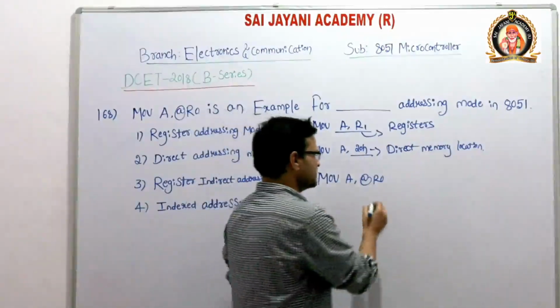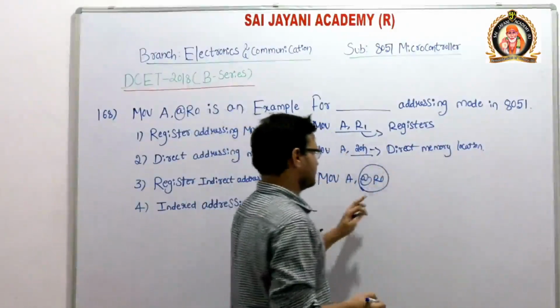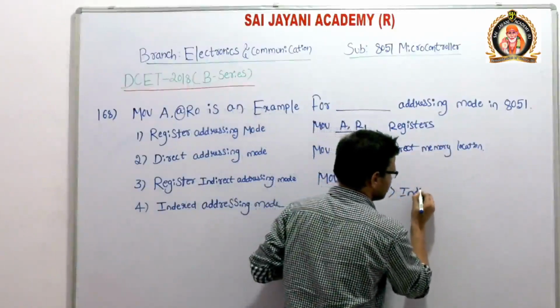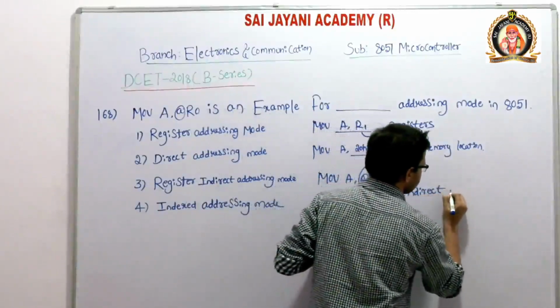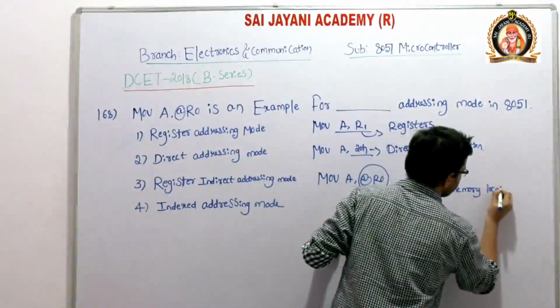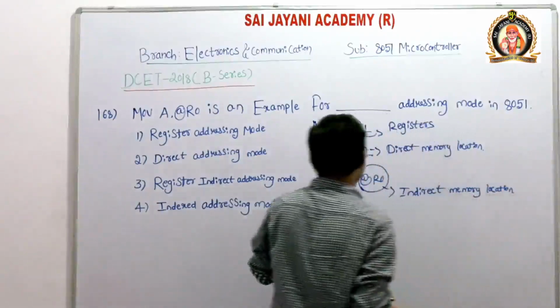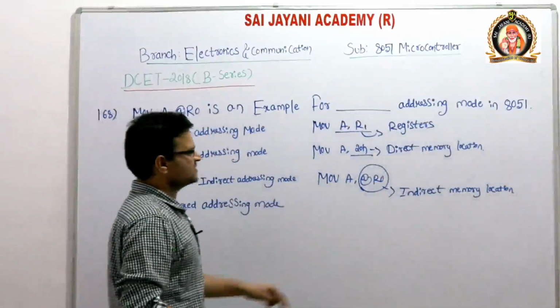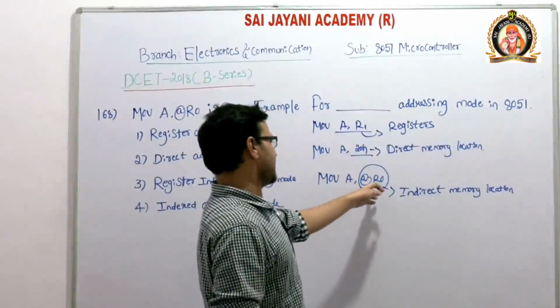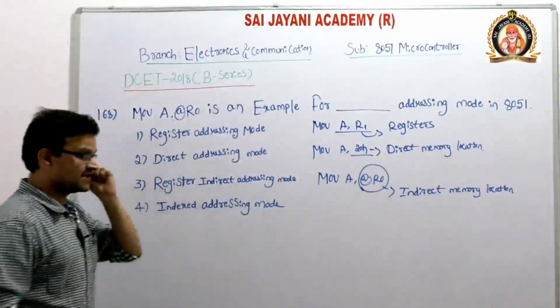So @R0 becomes an indirect memory location. That means the register is preceded by the at symbol, which is register indirect addressing mode.